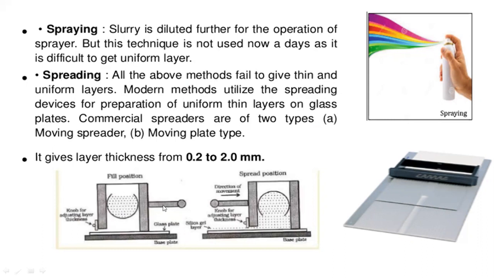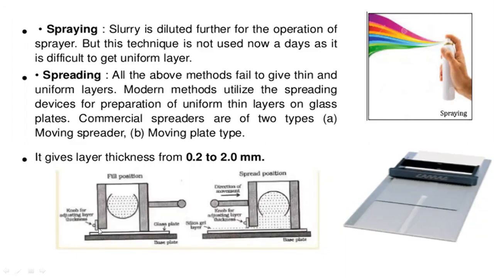The TLC spreader has a reservoir and a rotating knob connected to the reservoir. Below the spreader we place the glass plate, and the spreader has an adjustment knob, so we can easily adjust how much thickness we want.